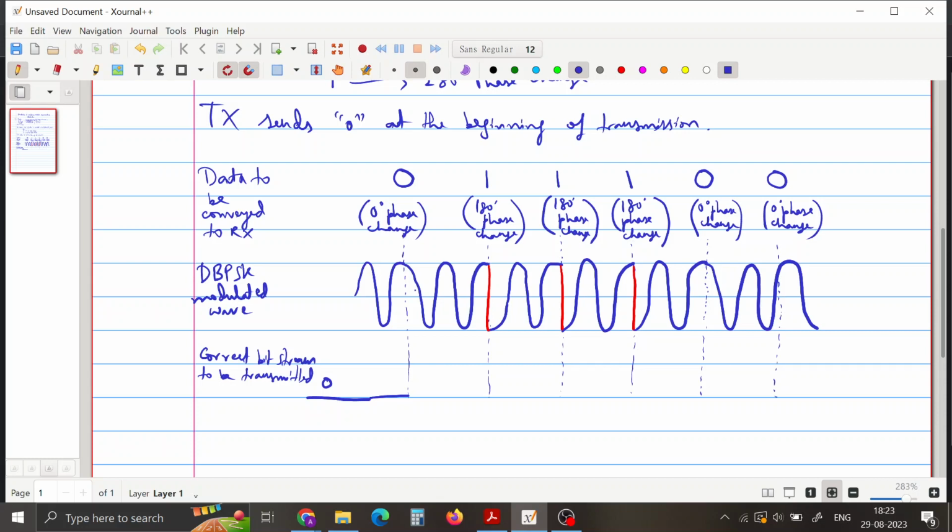I see no phase change, so it remains 0 after this first bit. Now after this 1 arrives, I have a phase change of pi. So a phase change of pi will mean a transition from 0 to 1 or 1 to 0. That's the idea. So from 0, due to this phase change, I will jump to 1. There are only two levels, it's binary.